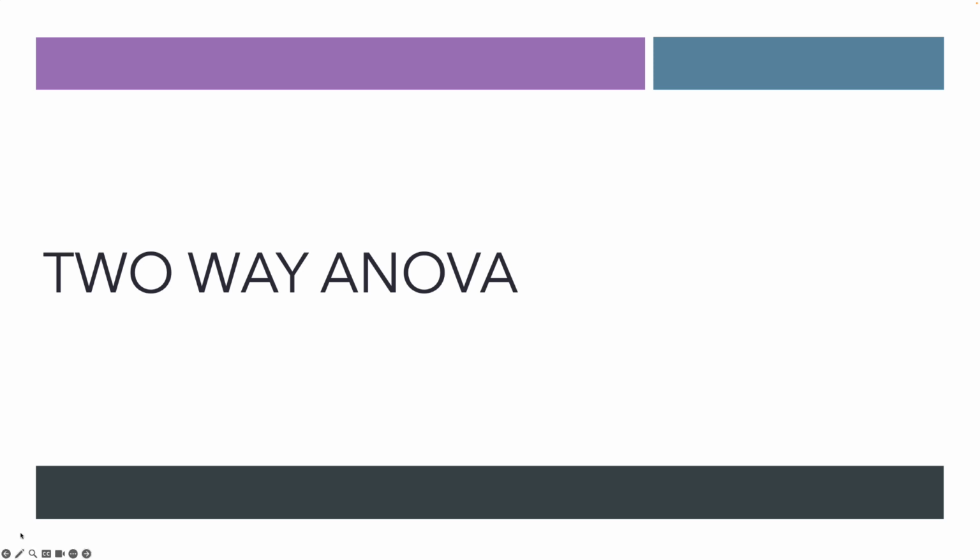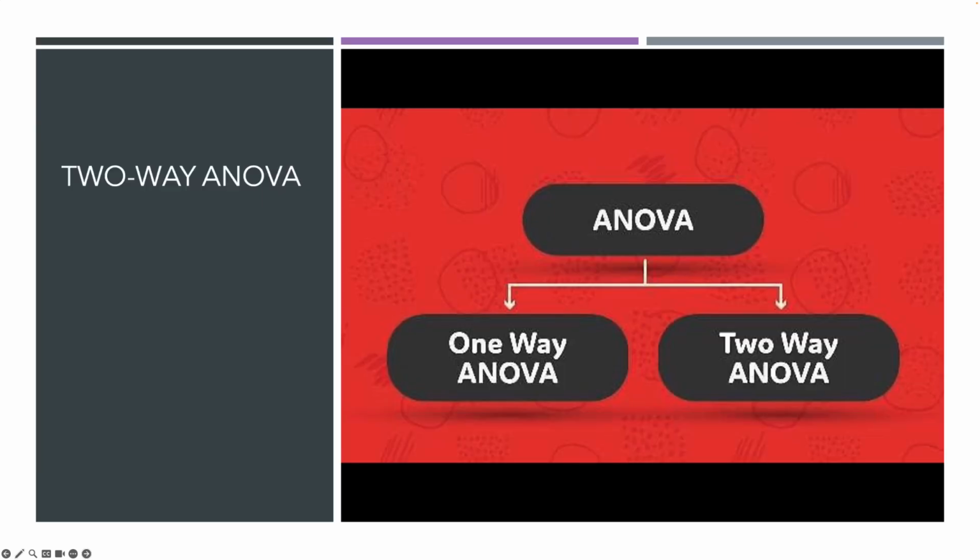It is a statistical method that serves a crucial role in understanding the effects of 2 independent variables on a single dependent variable. So remember, when we talked about a one-way ANOVA, we talked about a single effect on a single variable, right? So we talked about a one-way, but now we're talking about a two-way.